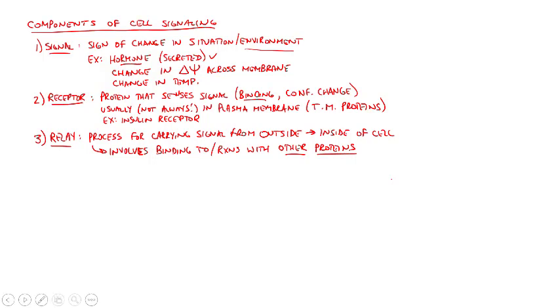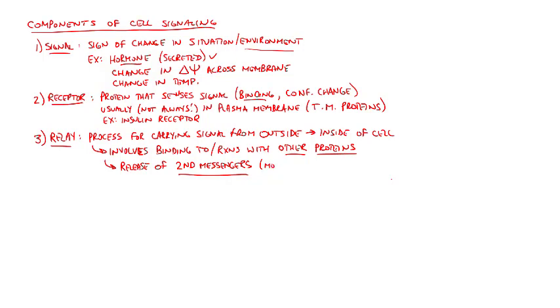At this point, the signal is moving away from the receptor and the message is being carried by other proteins. Oftentimes, this involves release of molecules that we call second messengers. And what are second messengers?